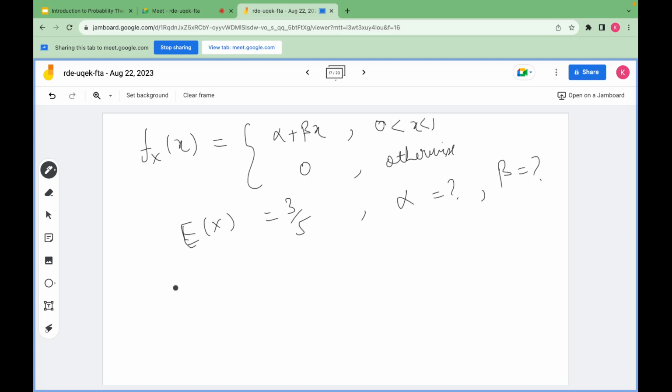So one thing that is given is alpha plus beta x, oh sorry, it's x square. Sorry. X fx is given as 3 by 5. So we will try to solve this.